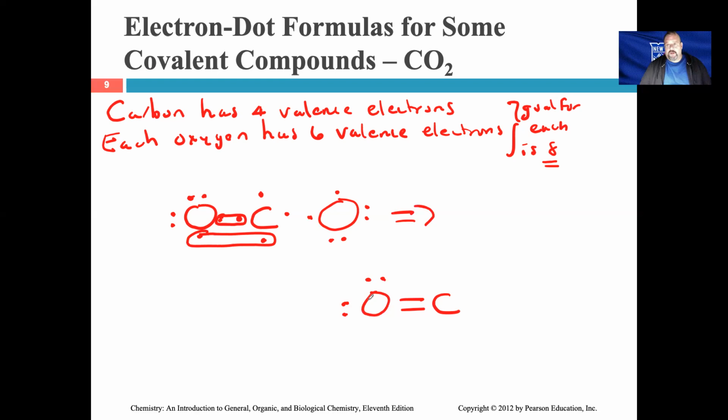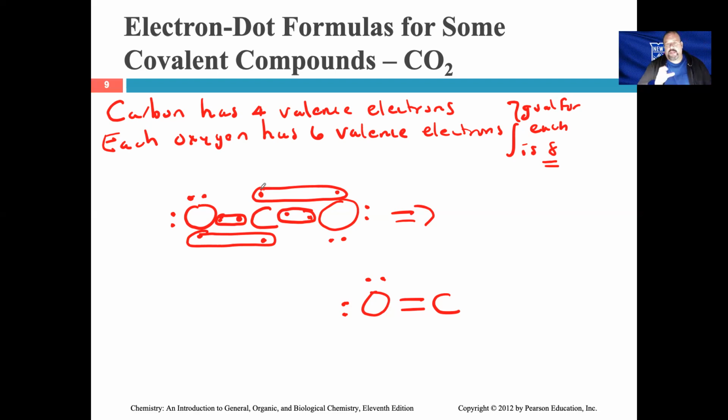What about the oxygen on the right? Well, it wants to do something similar. It wants to get from 6 to 8. So it takes one valence electron and shares it with the carbon, and the carbon still has a free valence electron to respond with in kind. And then the oxygen says, let me take a second of my valence electrons and share that with the carbon. And the carbon has 1 more valence electron it can share with that oxygen as well.